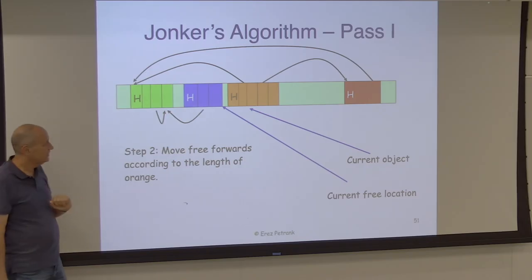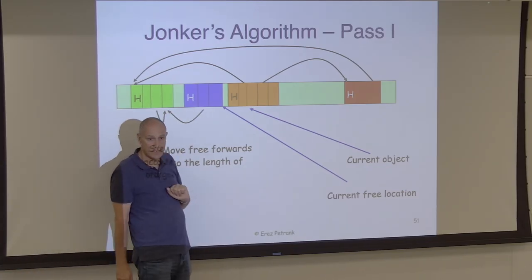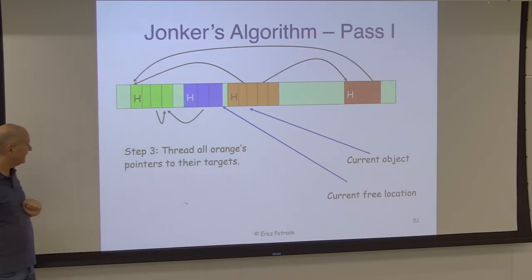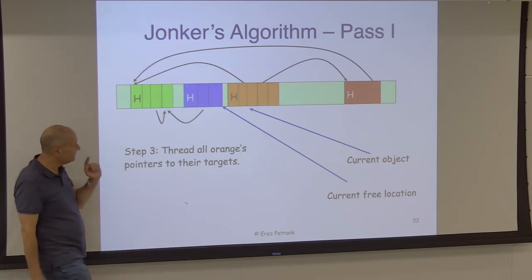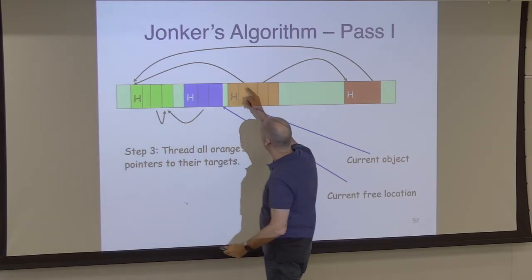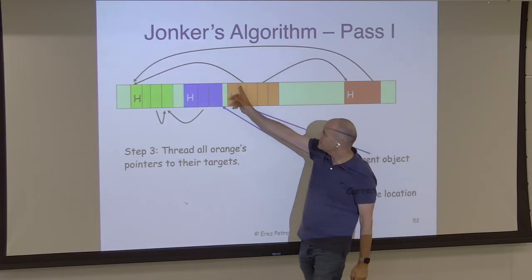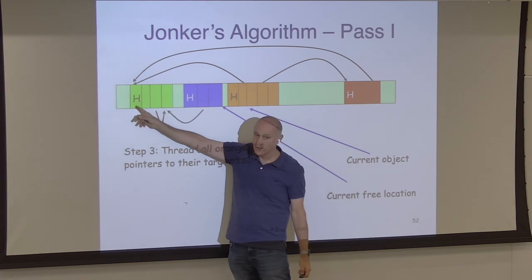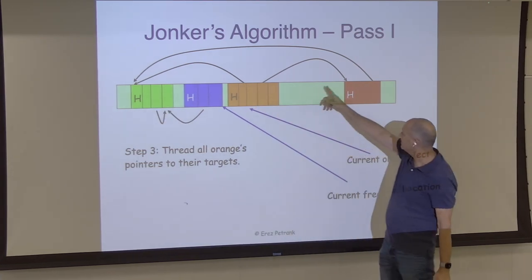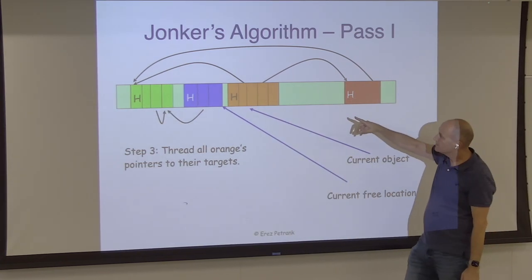So I move it here. This is where the red will be moved to. And step 3, I thread all of the outgoing pointers to the objects that they point to. So this field should be threaded to the green one, and this field should be threaded to the red one.